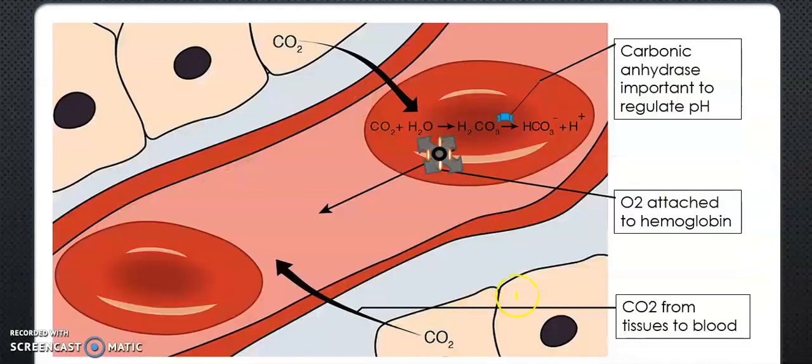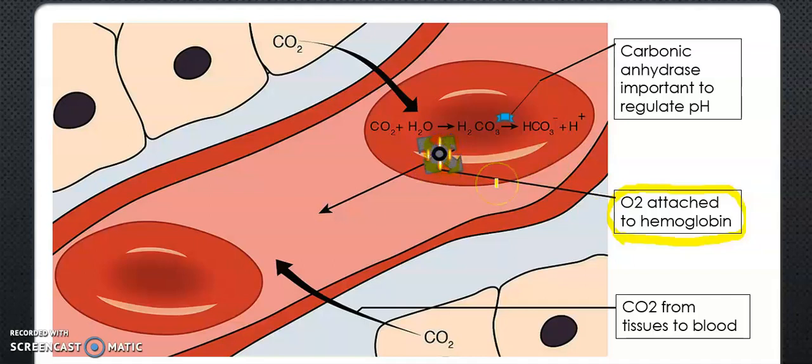Since we mentioned that it has hemoglobin, then the hemoglobin will allow the red blood cell to attach to oxygen, therefore allowing the red blood cell to transport the oxygen. So in other words, again, the red blood cell contains hemoglobin, the oxygen attaches to the hemoglobin, therefore the red blood cell is capable of transporting the oxygen, as you can see right here. This is the oxygen right there.